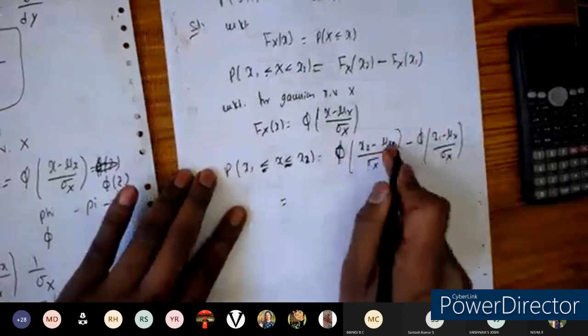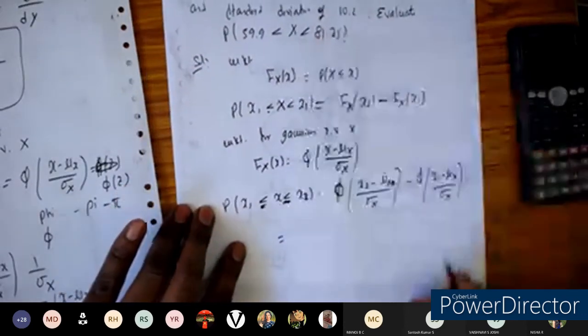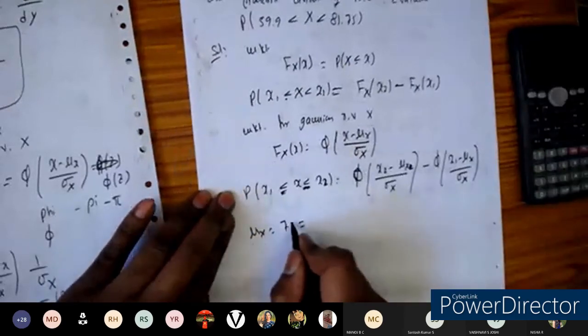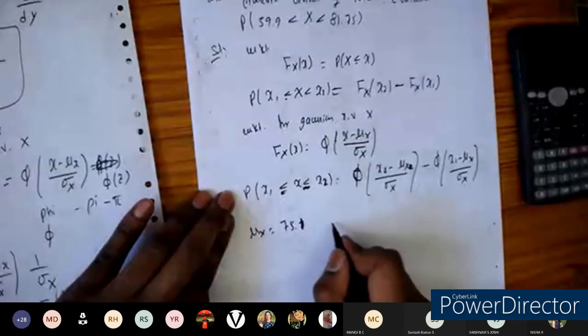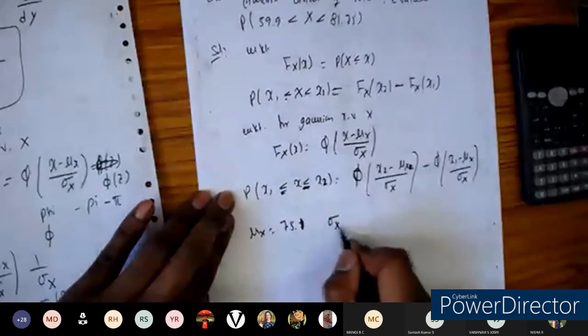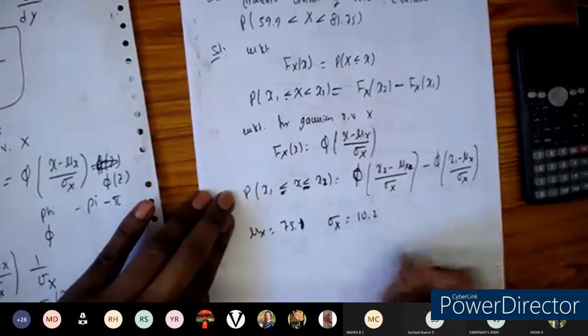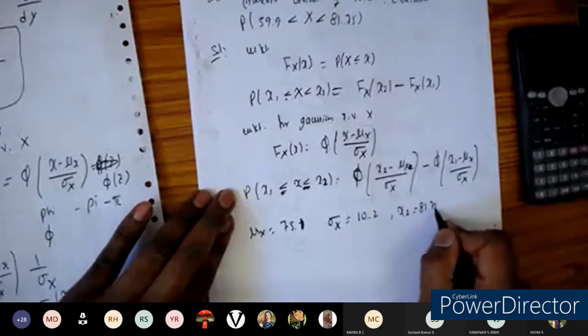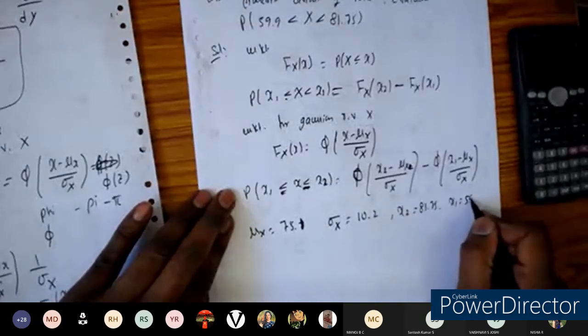Let us substitute the values. The mean of the random variable X is 75.1 and the standard deviation σx is 10.2. The x2 value is 81.75 and the x1 value is 59.9.